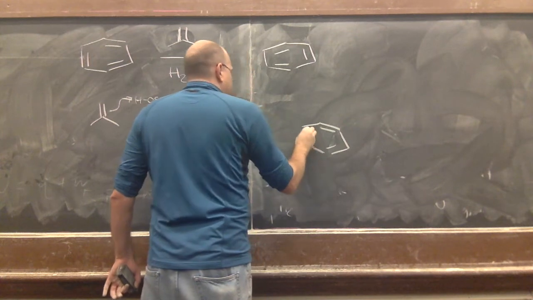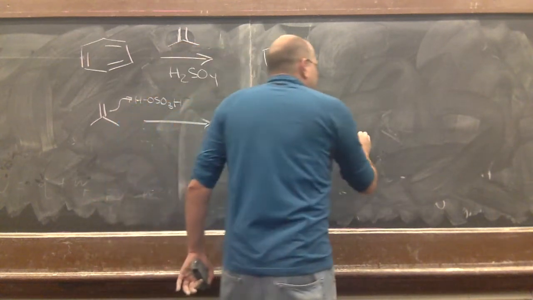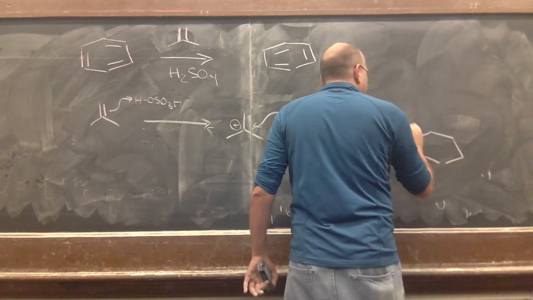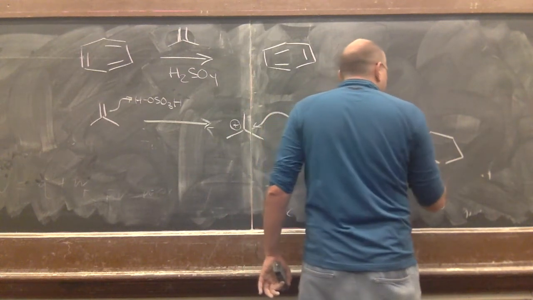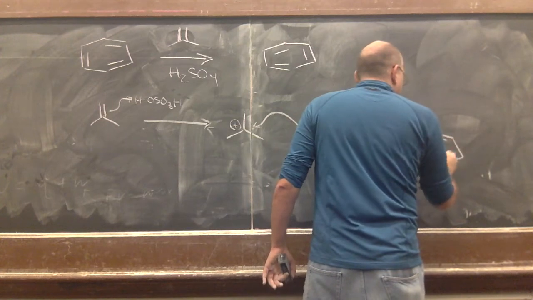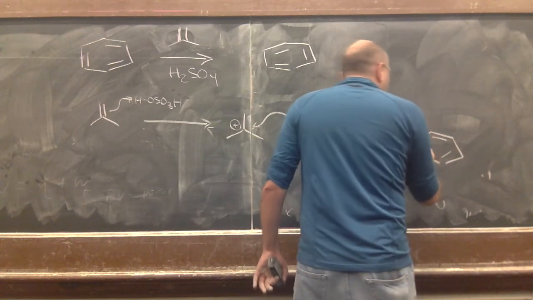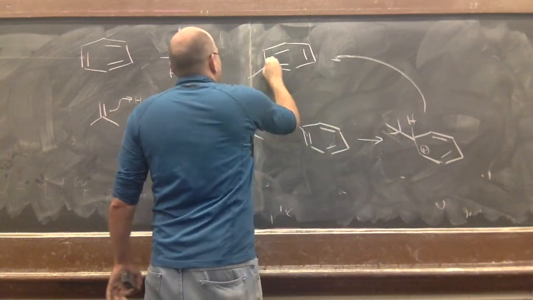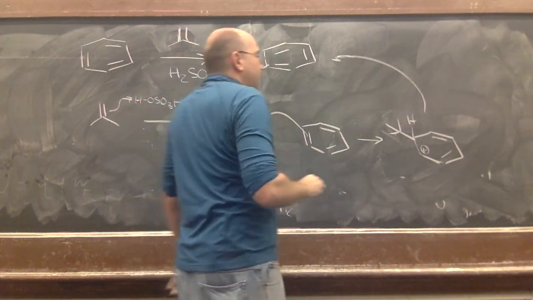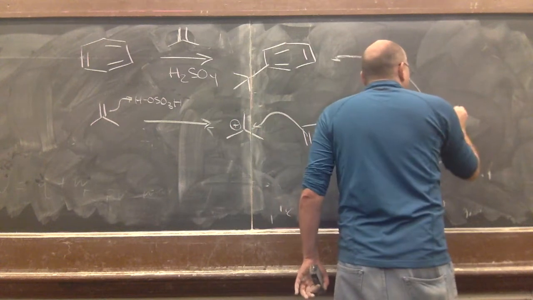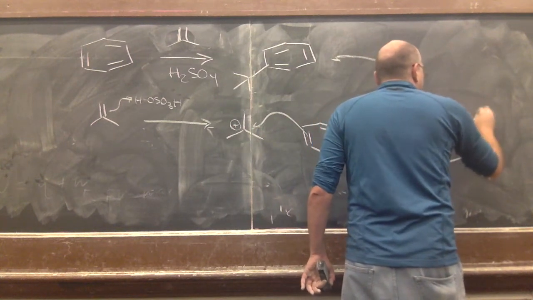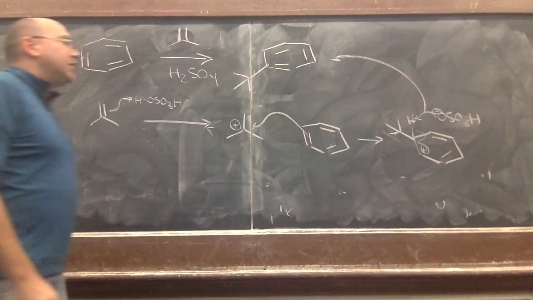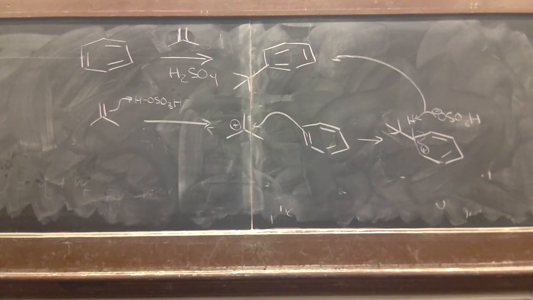Something being benzene. And then we can put that group on there, maybe by the OSO3H that we had from earlier. Maybe that's going to come in and protonate, right? And do the elimination, and we'll get our tert-butyl group there. Okay?